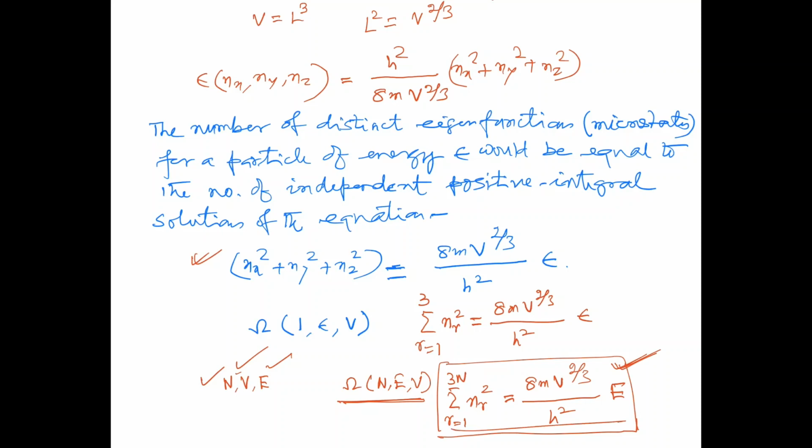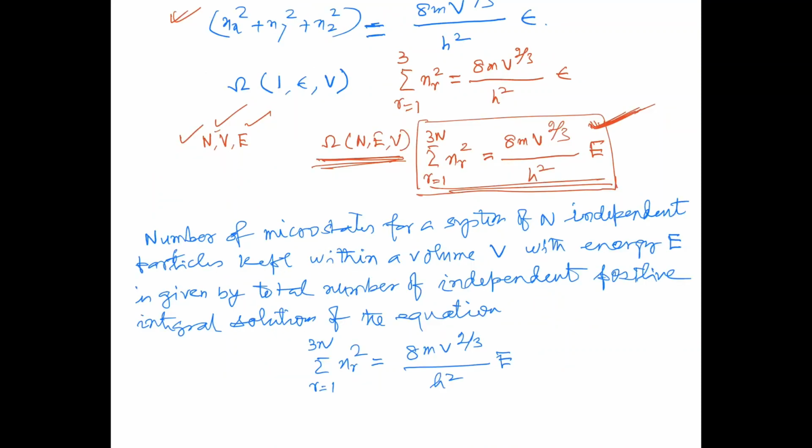Positive integral solutions of this equation. So remember, omega is not this. Omega is the number of solutions for this equation, and the condition is that the solution should be for positive integral numbers.